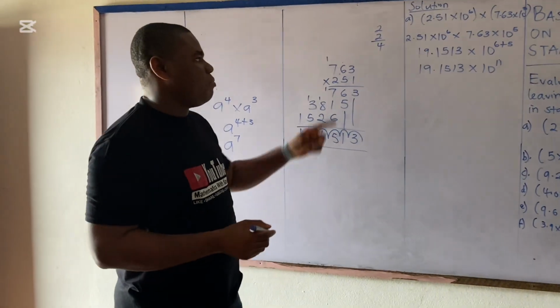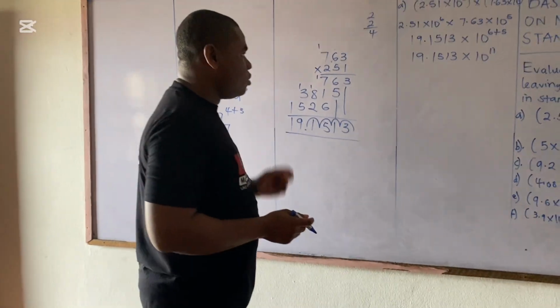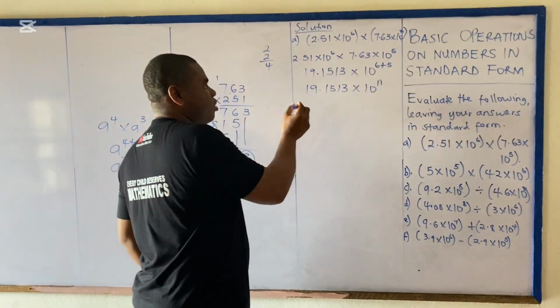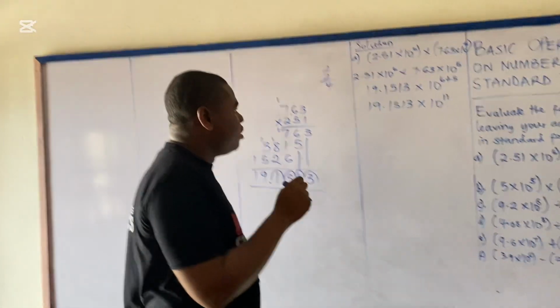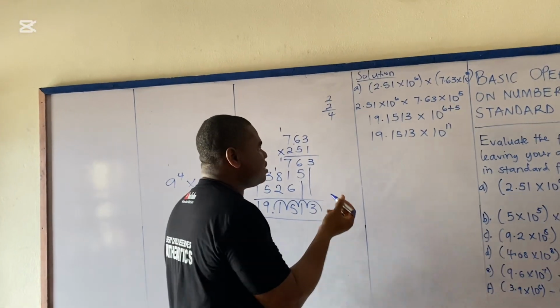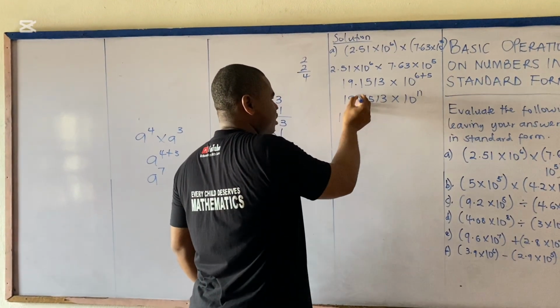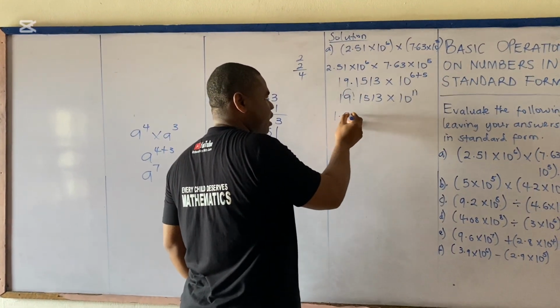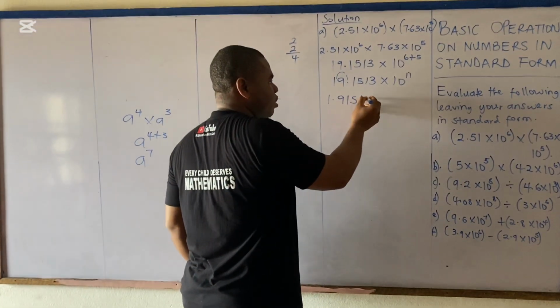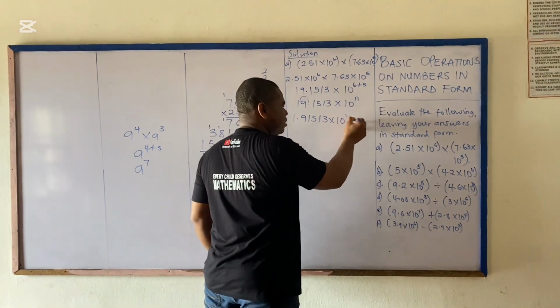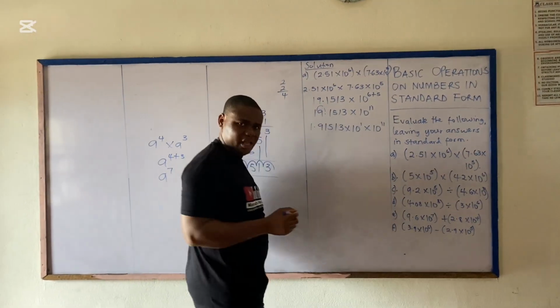Alright, so this cannot be our final answer. We need to move the decimal point forward because we need only one significant figure before the decimal point. So now I'll rewrite this as 1.91513 times 10 raised to the power of 1 times 10 raised to the power of 11, moving this once.